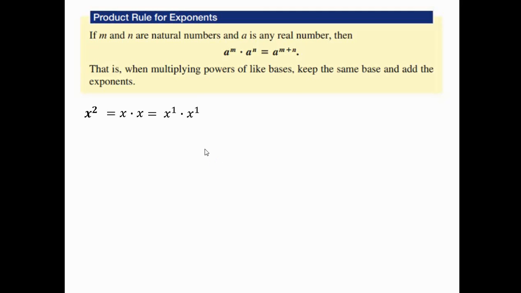And drawing on something we've already talked about, remember, any number can be represented exponentially by giving it a power of 1. So x to the first times x to the first is x times x. Now let's try something with this product rule and see if it holds. So what we did was take the like base and then added the two exponents there. And if you look at this, this is consistent with x squared. Okay.